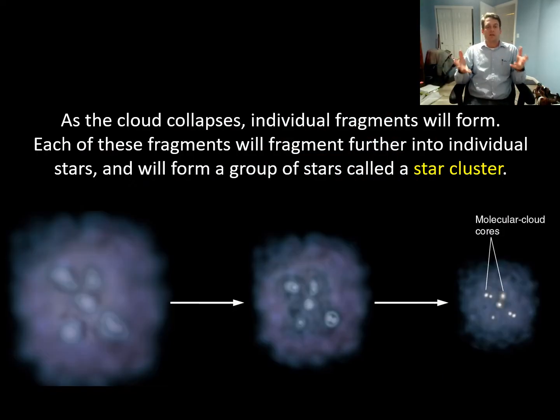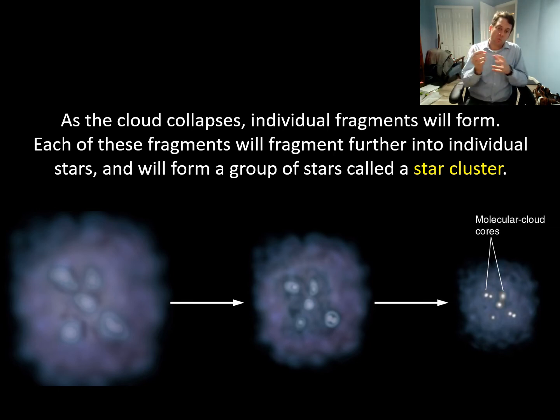Now, as this cloud collapses, it's not going to do so uniformly. We talk about the interstellar medium as if it's a thing, but really it's lumpy, right? You have giant molecular clouds some places, and then you have almost nothing other places. Well, even within this giant molecular cloud, as it's collapsing, it's not going to collapse completely uniformly. There are going to be parts of that cloud that end up collapsing sooner than others, just by statistical variations.